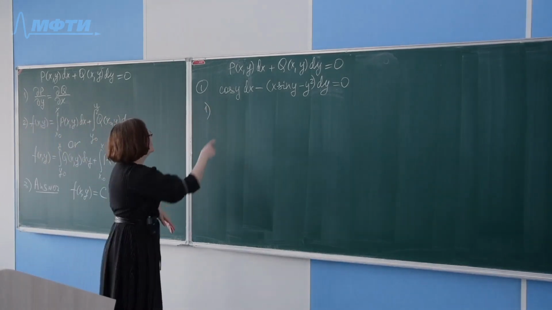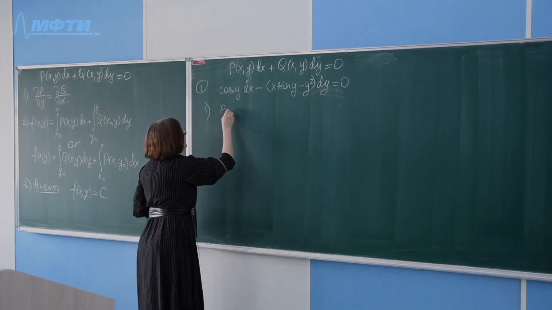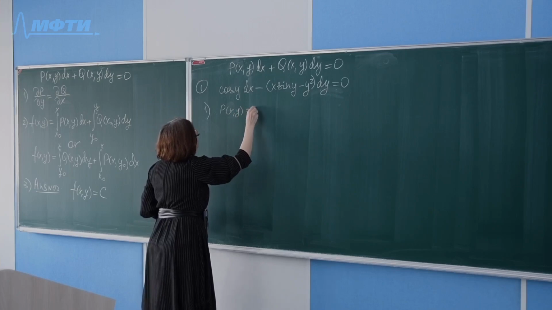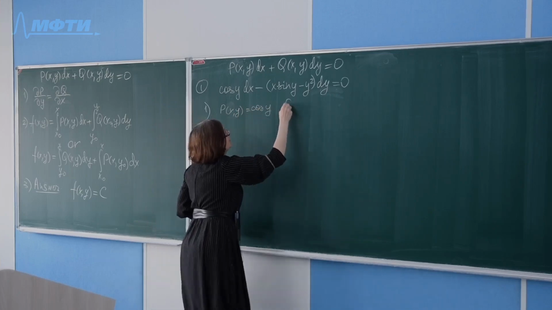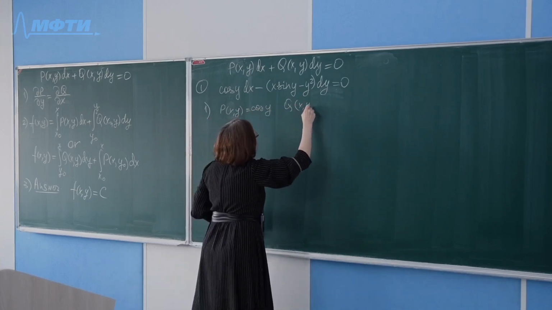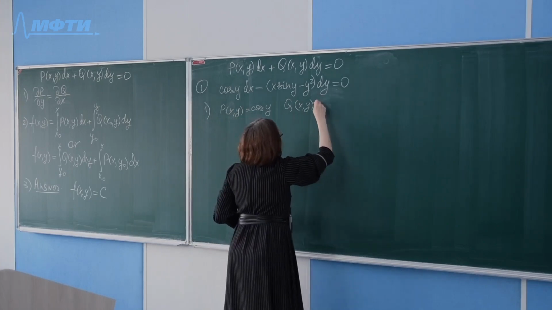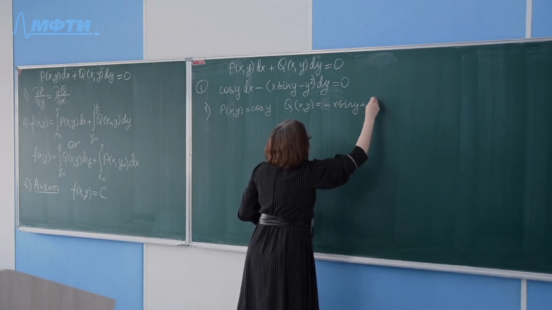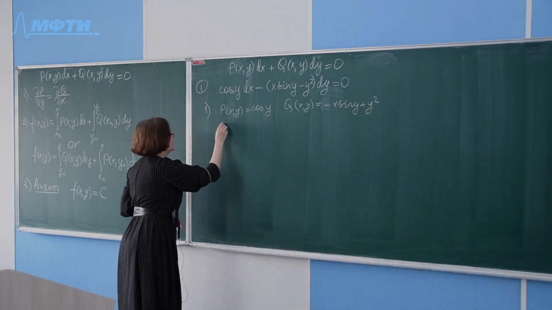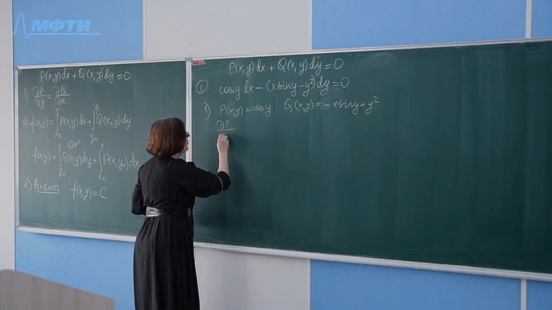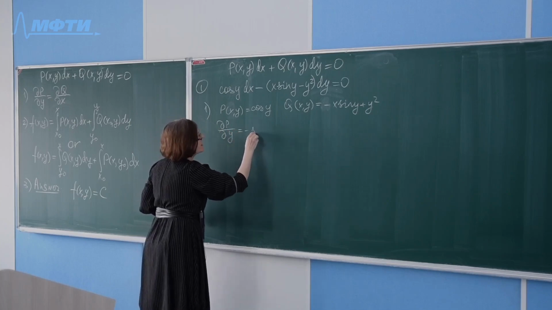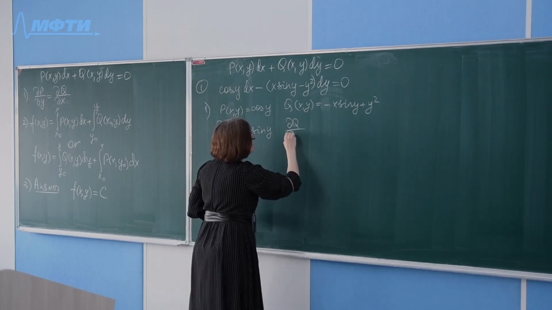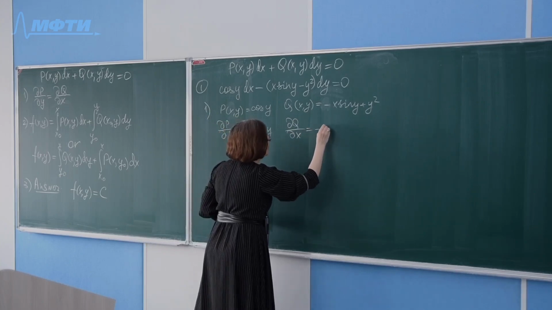So first, this is the P. P equals cos y, and Q is equal to minus x sine y plus y squared. dP over dy equals minus sine y, and dQ over dx is also minus sine y.